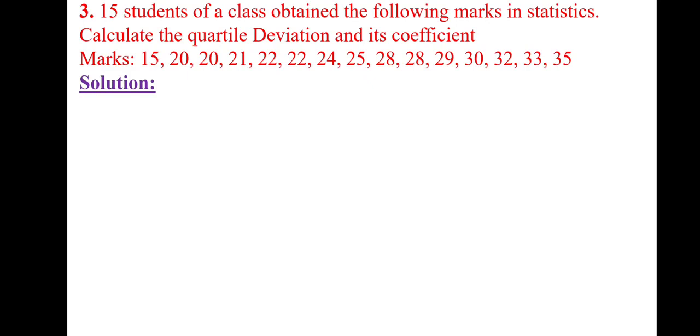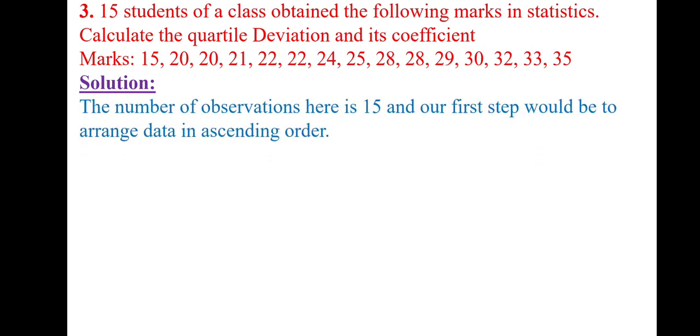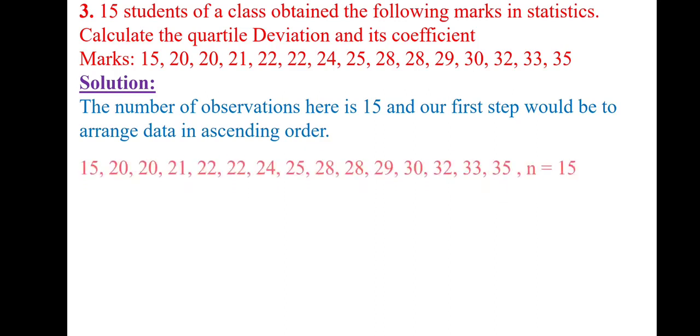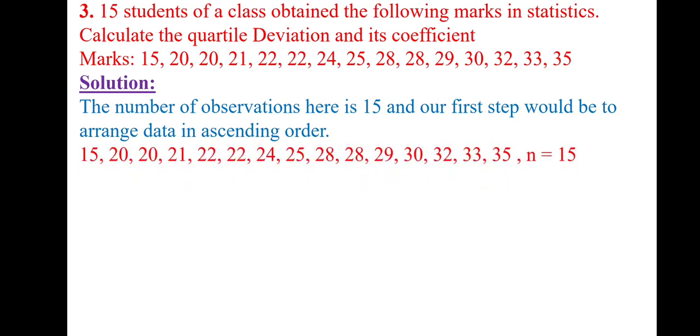Then another problem will be considered. The given observations here are 15. First step, we need to arrange them in ascending order. The values are already given in ascending order in the problem itself, so we need not arrange them. N equals 15, which is an odd number.